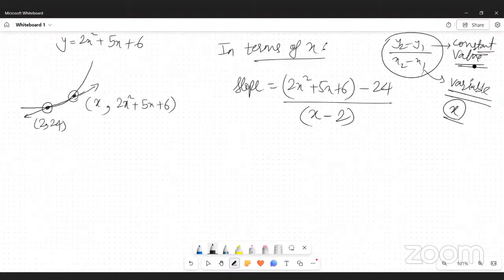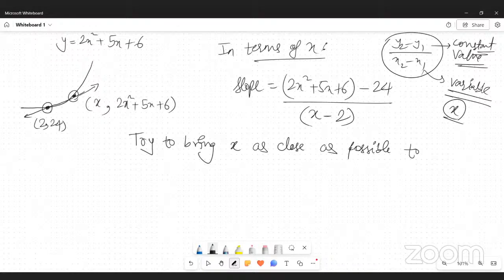Okay. So now what I will see, I'll try to bring x as close as possible to 2. Can I do that? Is it allowed? First of all, check it.